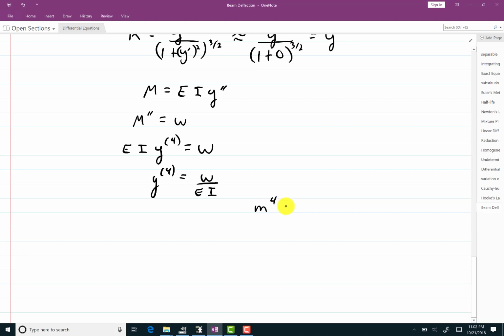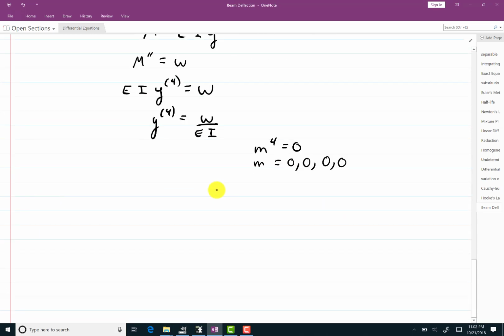You have m to the fourth equals 0, which means that m has 0 as a root 4 times. So that immediately means that y sub c will look like c1 plus c2x plus c3x squared plus c4x to the third, not to the fourth.